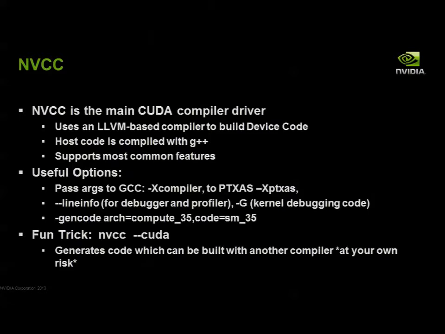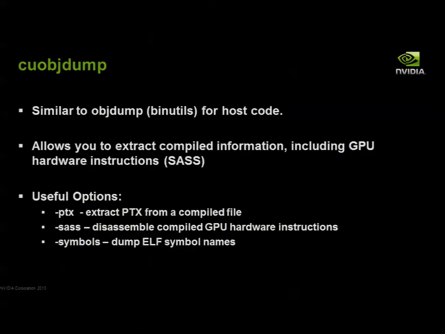You then have things like SASS, so those are the actual instructions that run on the GPU. Now, why would you want to do that? It can be helpful when you realize that something is just completely wrong, or you want to figure out why you see such a huge discrepancy between your theoretical performance model and the actual performance.